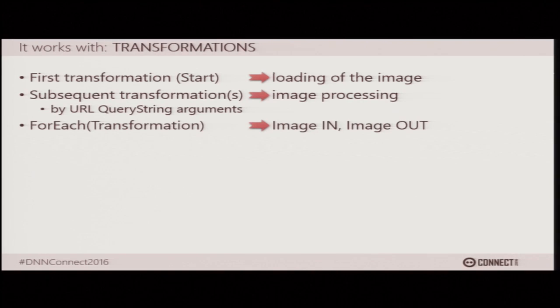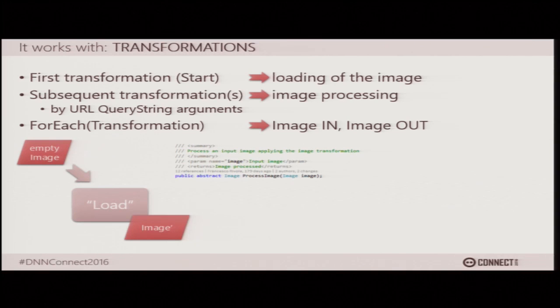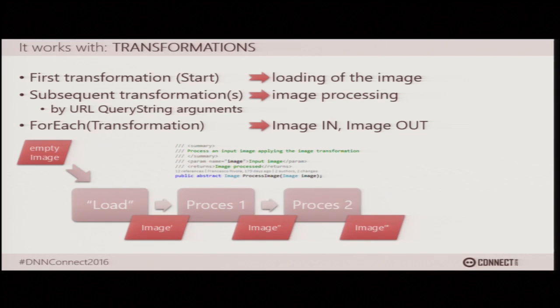You get an image in, you get an image out. So this works like this. You start with an empty image, that does the image handler. Then you have the first transformation, which loads the image, and then you have subsequent transformations. In this case, I've called it process 1. That could be resize, process 2 could be rotate, or whatever you wish, until you finally get the image you need.